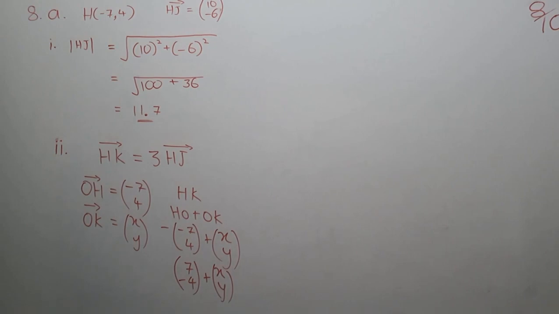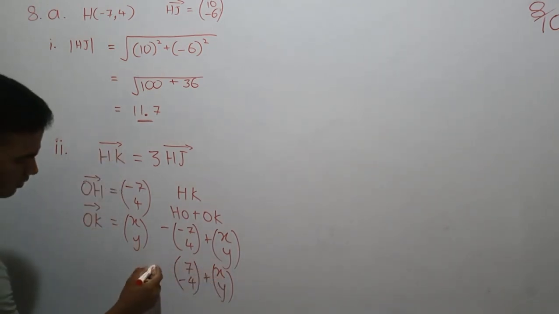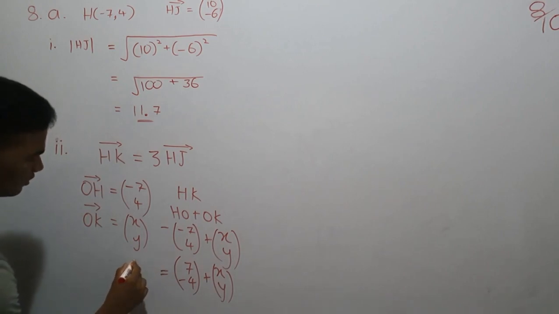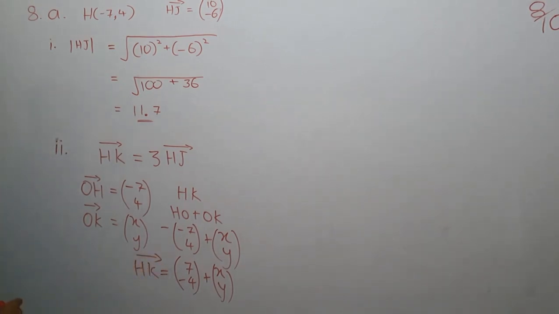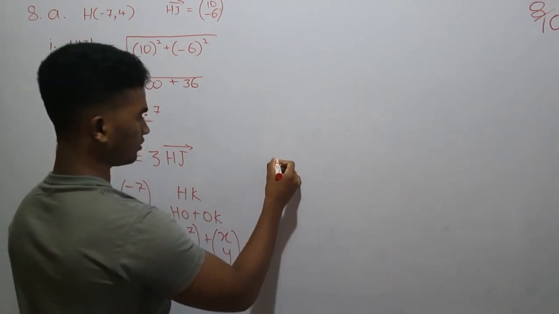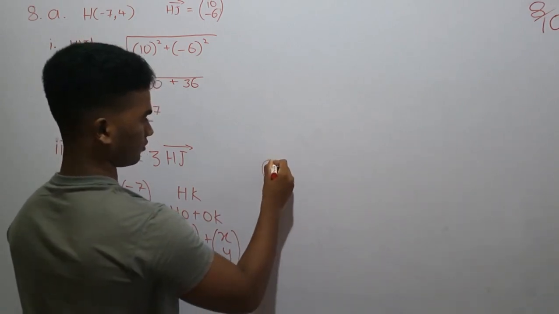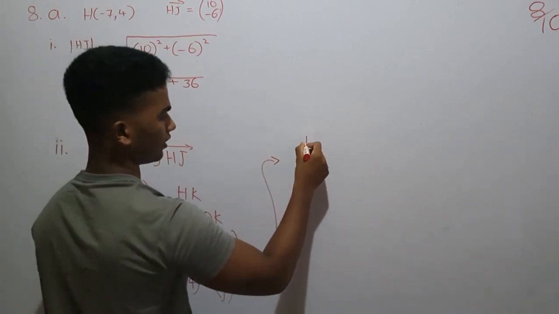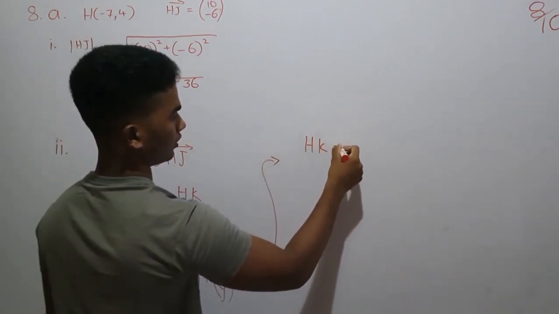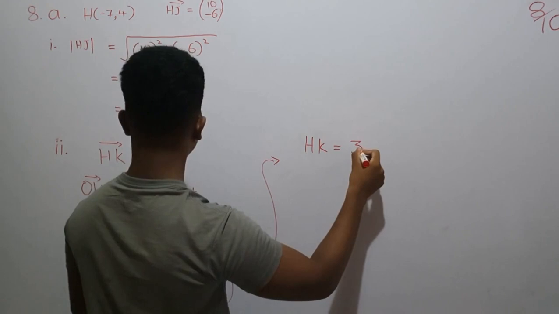Now we'll go to our question. So now we know what the HK value is. This is HK. So now we can substitute. HK equals 3 times HJ.